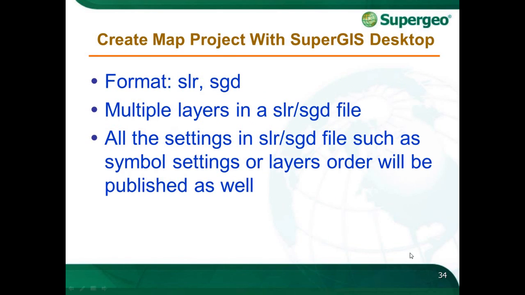So the first part is to create a map project with the SuperGIS Desktop. Our format will be the SOR format or the SGD format within the SuperGIS Desktop. Also, you can contain different layers. Multiple layers are allowed, and all the settings in the SOR or SGD file, such as the symbol settings or the layer order, will also be published, the same as the project file you have made.